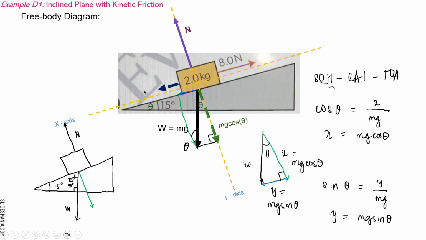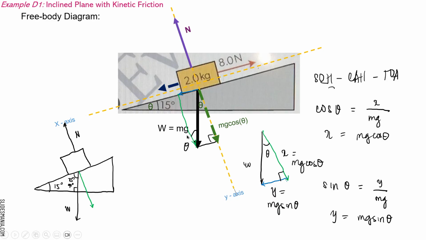It's because this component of the weight is the one that causes things on an inclined ramp such as this one to fall. The other component of the weight, which is mg cosine theta, is the one that balances out with the normal force. This is why we don't see objects on a ramp sink within the ramp or jump. The normal force N and mg cosine theta are the ones that work in an opposing manner.